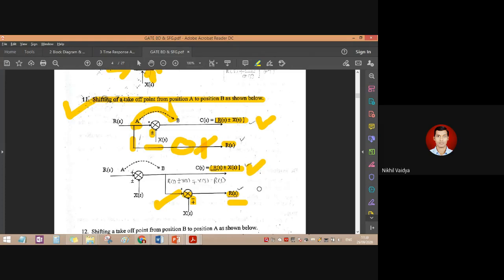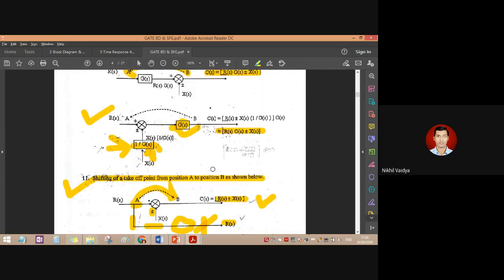So I will just trace this one. See what we will get at this particular point, r of s plus minus x of s. That's what I have written here, and that will come here and go here. So r of s plus minus x of s, minus plus x of s, is equal to r of s.